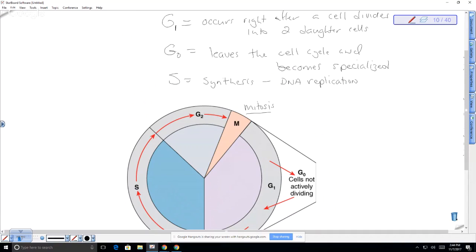So G2 occurs right before cell division. Everything that is needed, all the proteins and the spindle fibers, everything that is needed for cell reproduction occurs at G2.